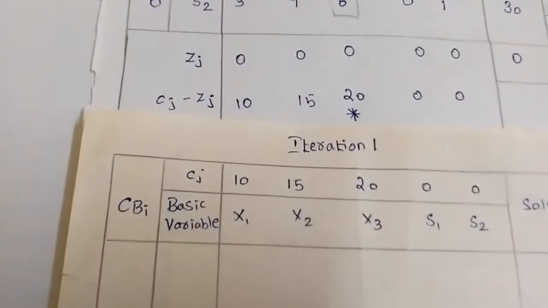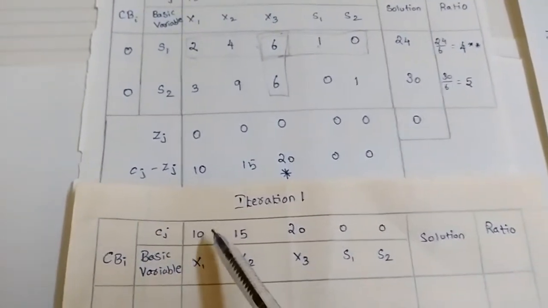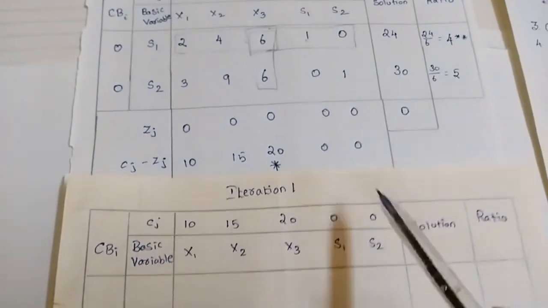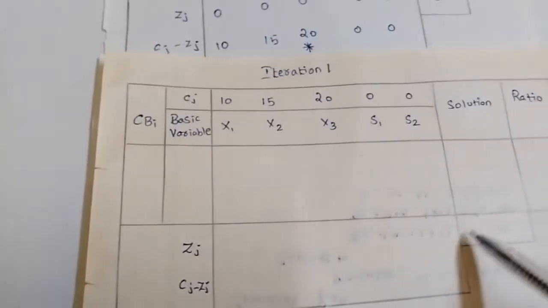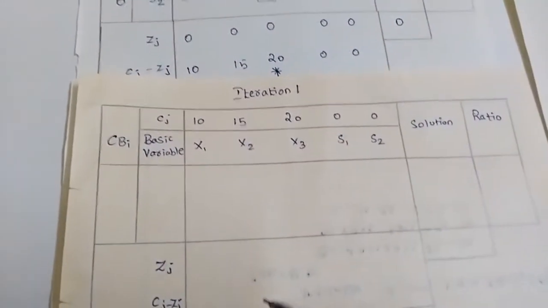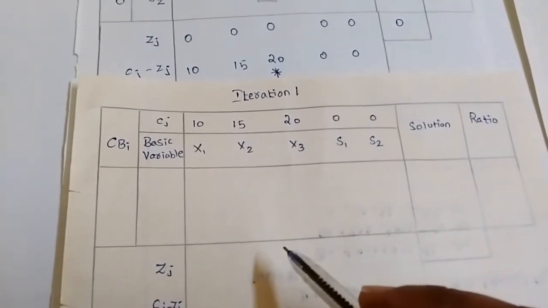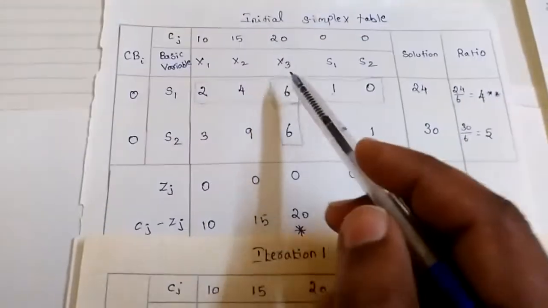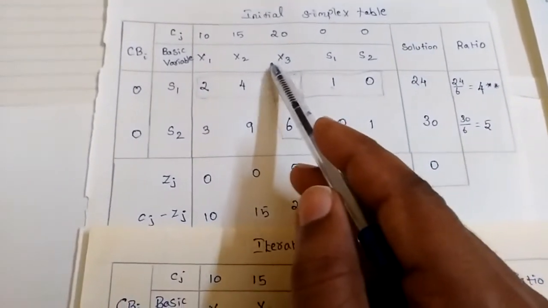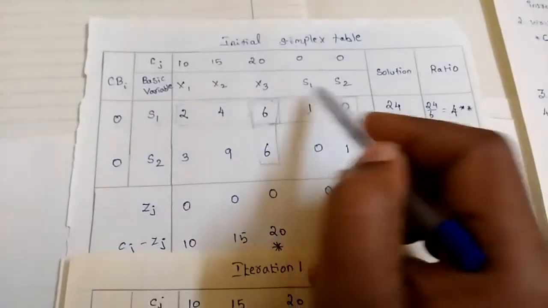Now we start the iteration 1 table. CBI, Cj, the basic variable, these x1 values, and these values are going to be the new values. This will not change until the problem ends. Now we are going to get the entering variable. What is the entering variable? X3. Just shift the X3 here in place of S1. Why in place of S1? Because this is the key row.